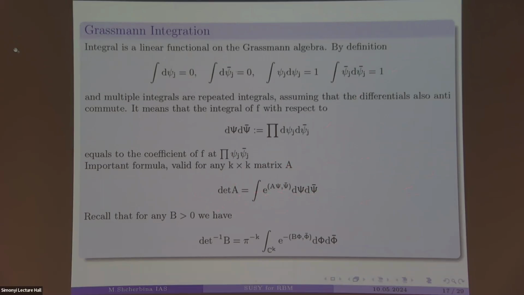And it's very similar to the Gaussian case: when you have some function which is positive, you obtain an inverse determinant this way. So combining this formula, I can obtain the integral representation of the ratio of determinants.